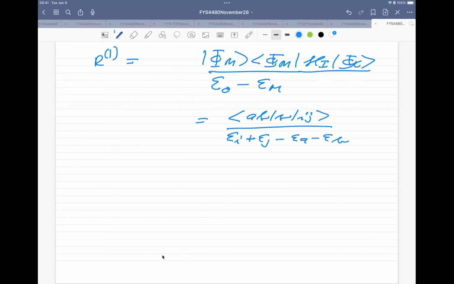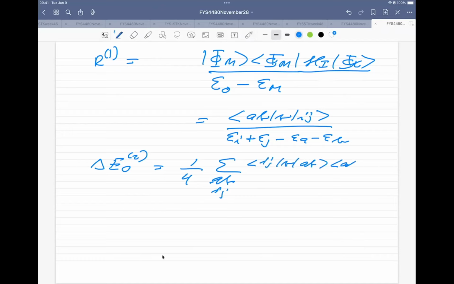Now, your second order energy, delta E 0 to second order, was then equal to 1 over 4 summation over ab ij of <ij|v|ab> times <ab|v|ij> divided by epsilon i plus epsilon j minus epsilon a minus epsilon b.